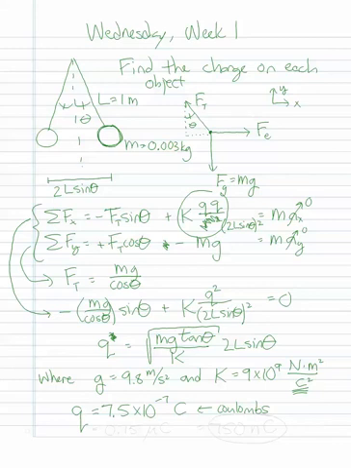I could leave it in scientific notation like that, or I could use the prefixes. A millicoulomb is 10 to the minus 3, and a microcoulomb is 10 to the minus 6. So it's 3/4 of a microcoulomb, or, if I'm so inclined, I could write it as 750 nanocoulombs. And that's the answer.